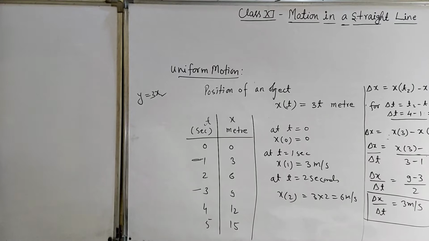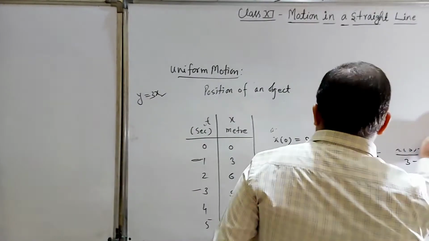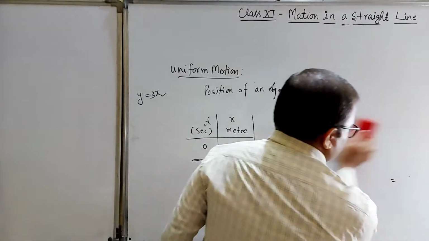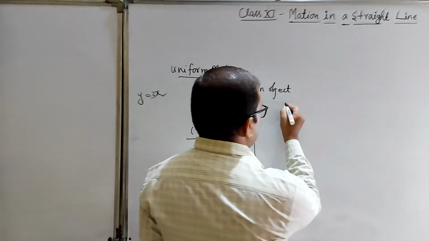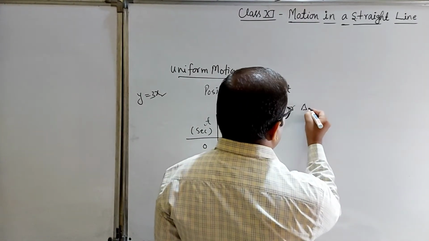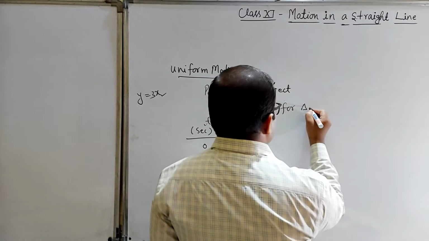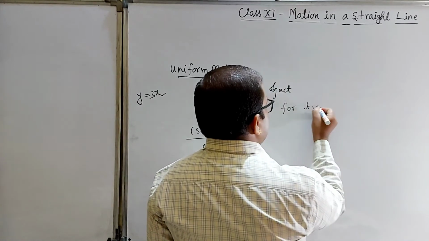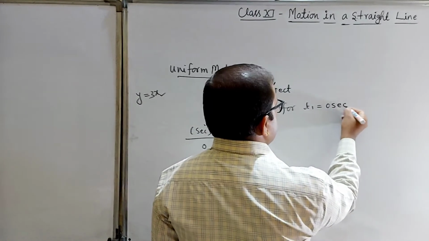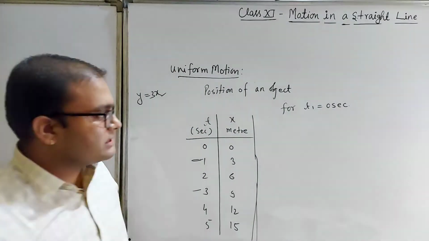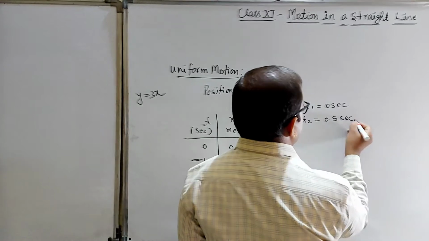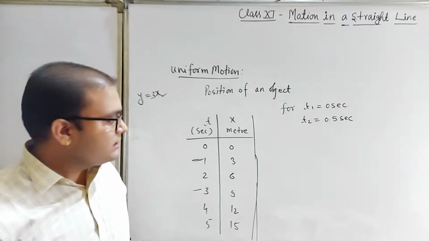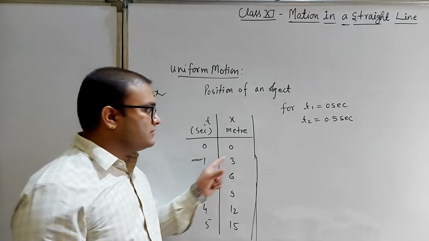Then we will also check for a very short interval of time. Now see here, I am checking for the time interval t1 equal to 0 second and t2 equal to 0.5 second. What is the position of the object at 0.5 second?